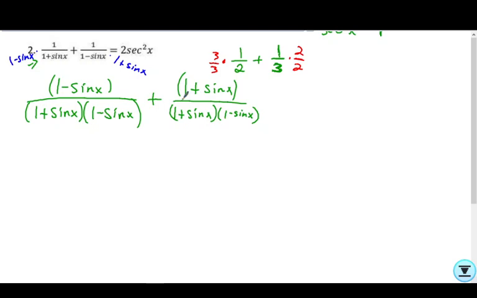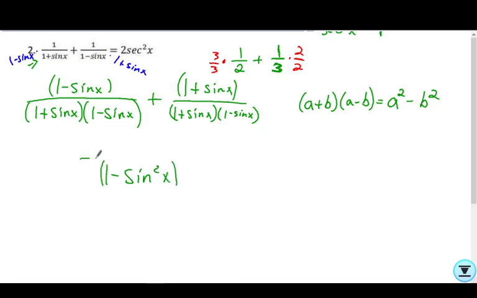And again, when you have conjugates like a plus b and a minus b, when you multiply them, that's your difference of 2 squares. So when I multiply 1 plus sine times 1 minus sine, I get 1 minus sine squared x. That's my bottom. Now I add the top.